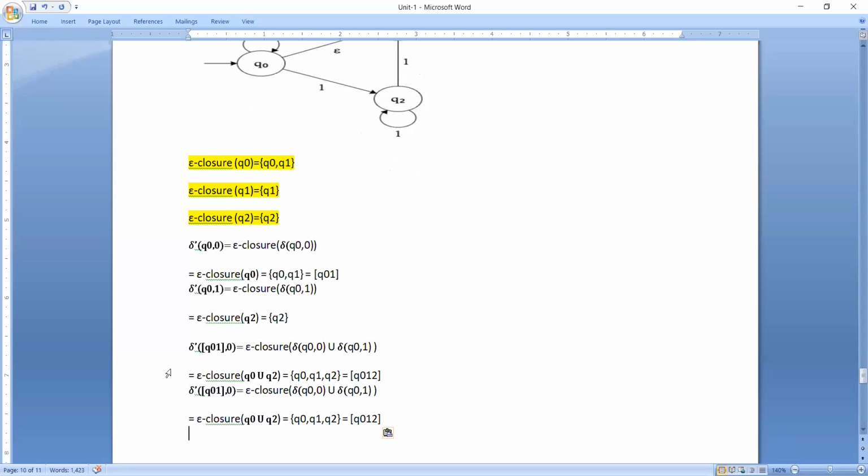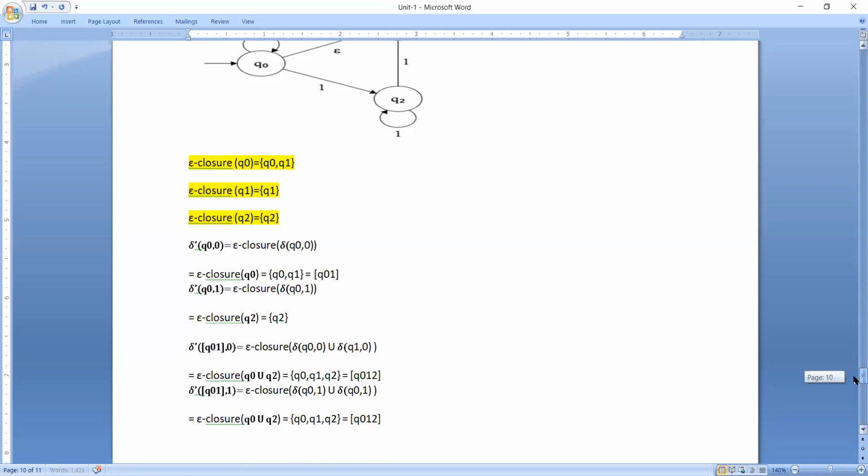Then again, for this Q01 on 1, we need to make the changes. Q01 on 1, and oh sorry, I have identified a mistake. Q0 on 0, okay, and here it should be Q1 on 0, not Q0 on 1, because it's a combination of 0 and 1. So Q0 on 0, okay, and Q1 on 0.